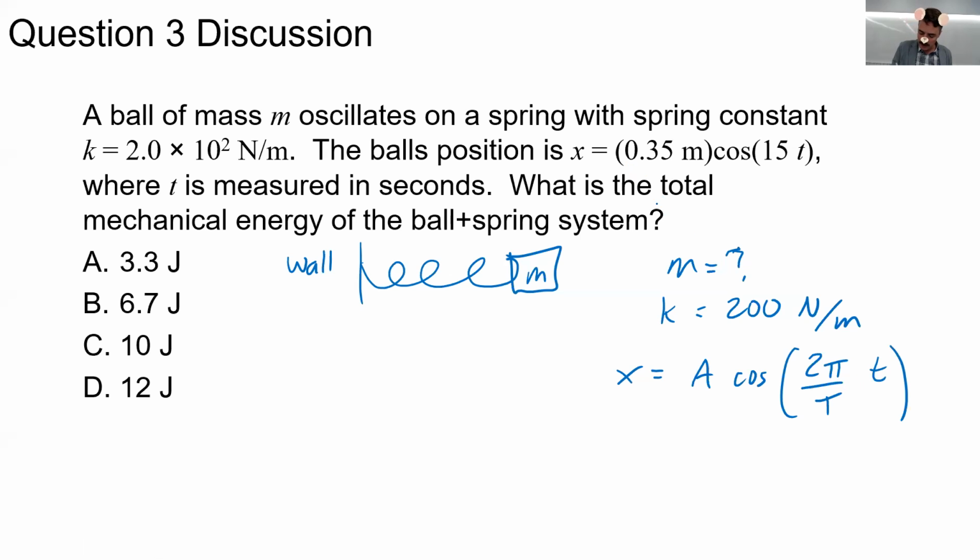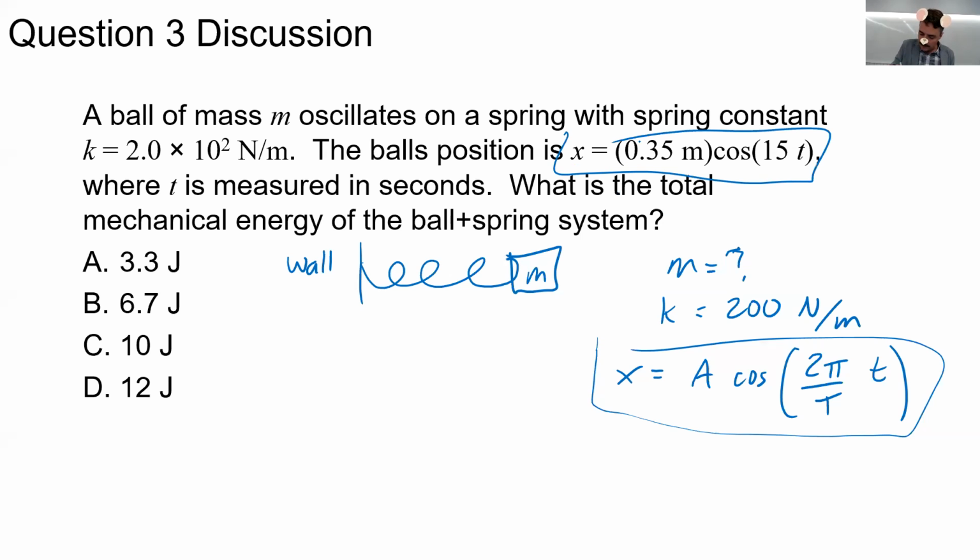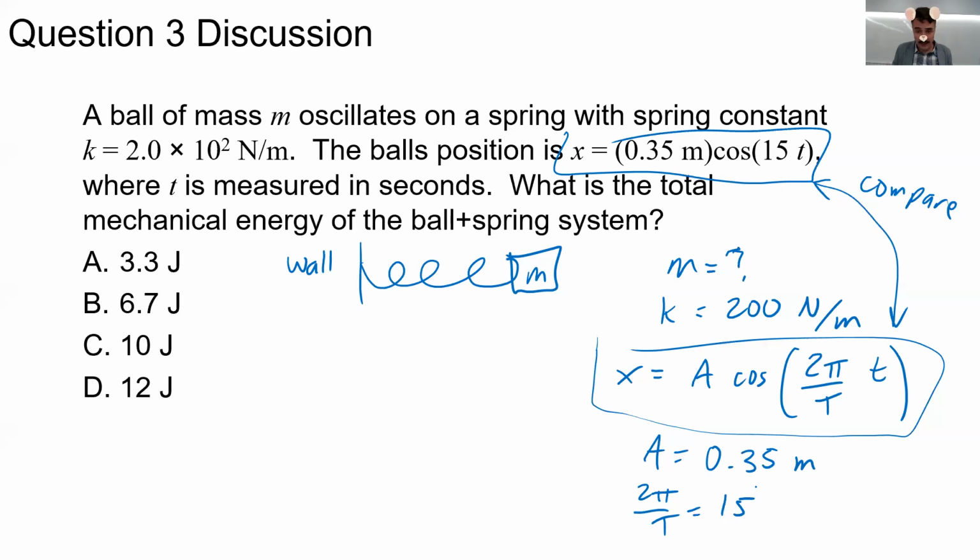If I just compare this equation to this equation, then you can see right off that A is equal to 0.35 meters and that 2 pi over T is equal to 15. I happen to know the units here are radians per second, but anyways, it's something per second. It's 15 SI units.